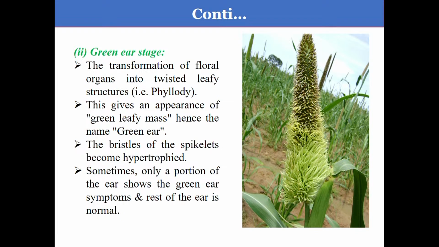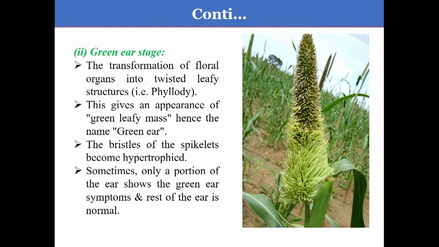This gives an appearance of the green leafy mass, hence the name, it is called the green ear. The bristles of the spikelets become hypertrophied, and the inflorescence gets damaged.